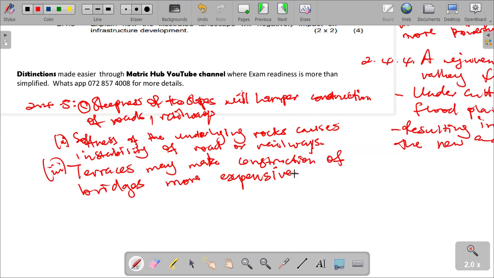So the terraces that are there make bridging difficult. As you see, we need to have roads that can cross places, so that can be difficult also.